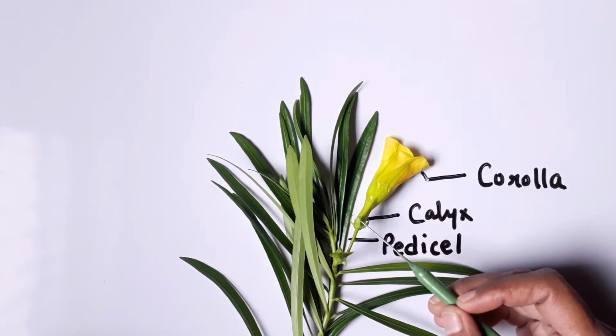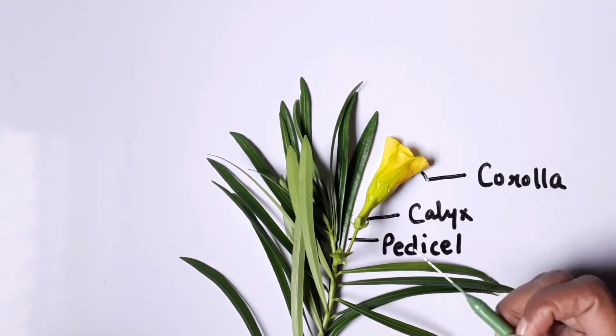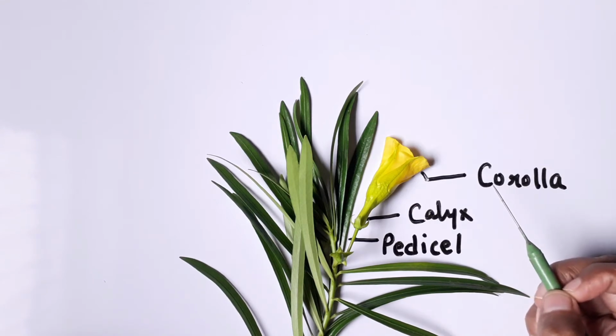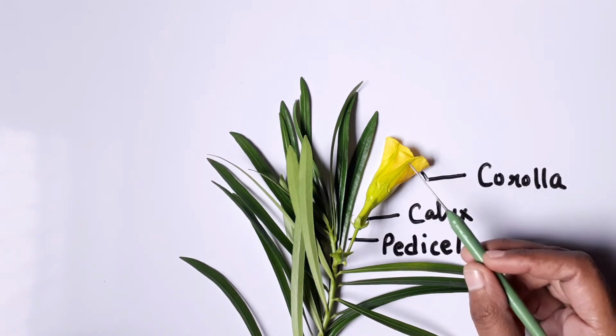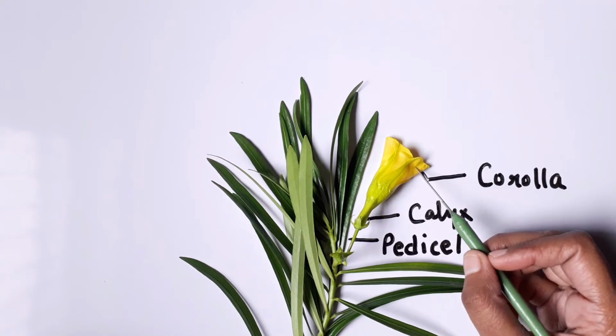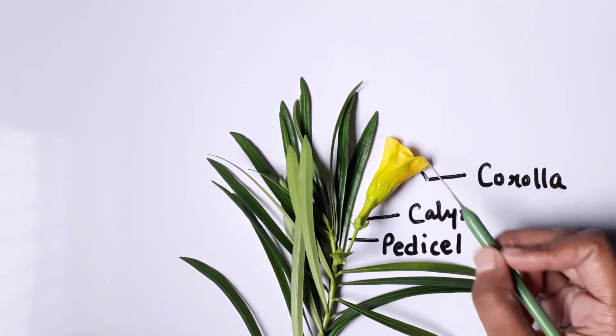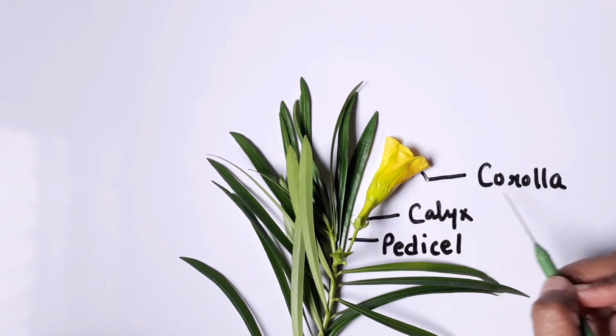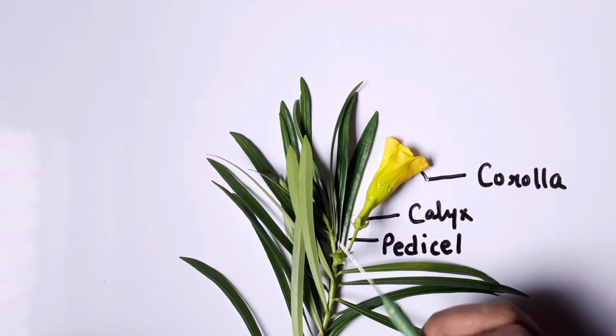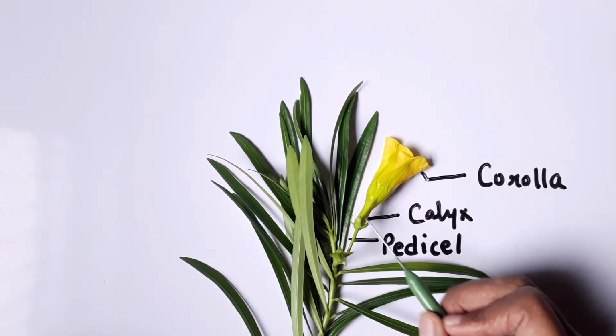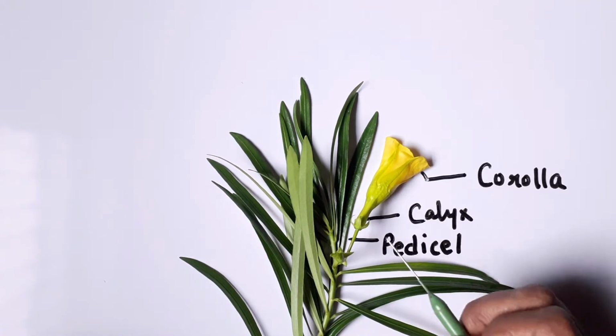So this single one is the sepal. However, the individual unit in the case of corolla is a petal. So the single one is the petal and the whole unit is called the corolla. In the same way, the whole unit is called the calyx, however, the single one is called the sepal.